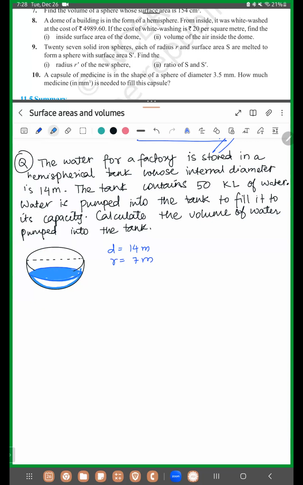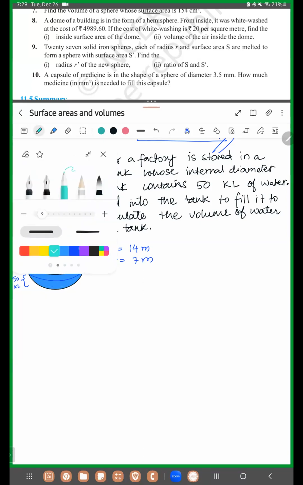After this, some extra water is pumped into the tank, some more water so that the tank gets completely filled. So what they are saying is the water that is already present is 50 kiloliters. That is some volume given. They are filling the tank some more so that it can fill to its capacity. So they are asking what is the volume of water that has been pumped into the tank. The tank already contained some water. How much more water have you pumped into the tank?